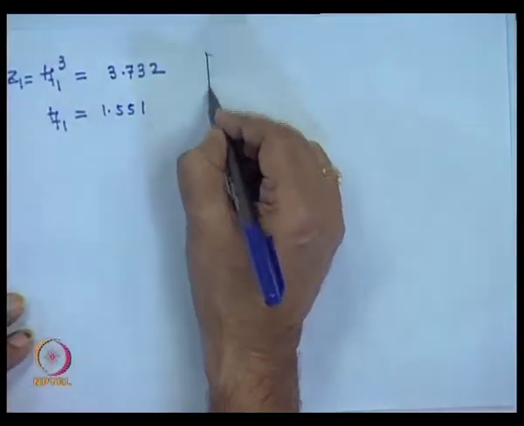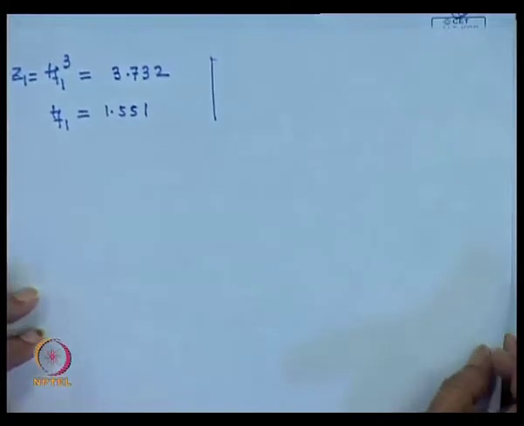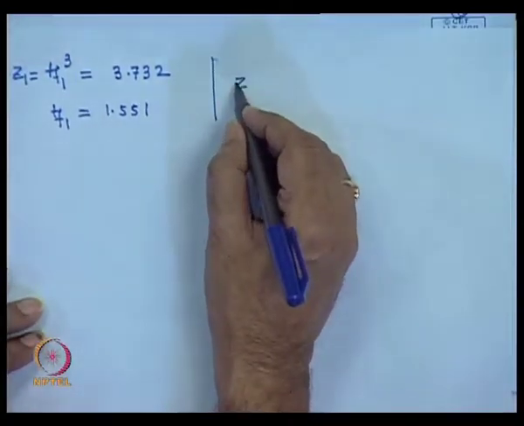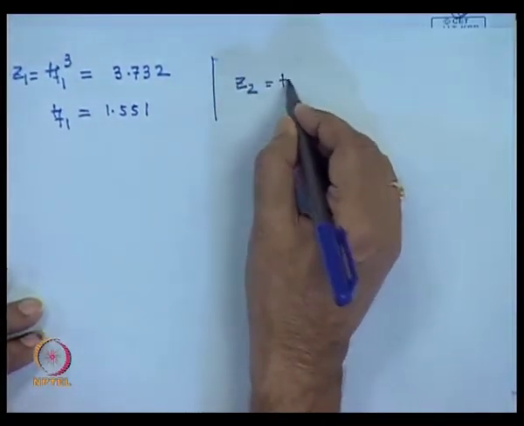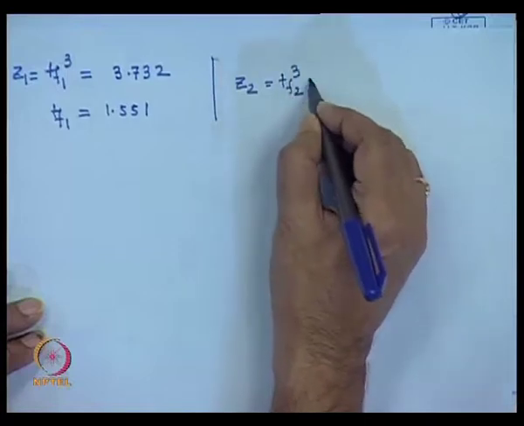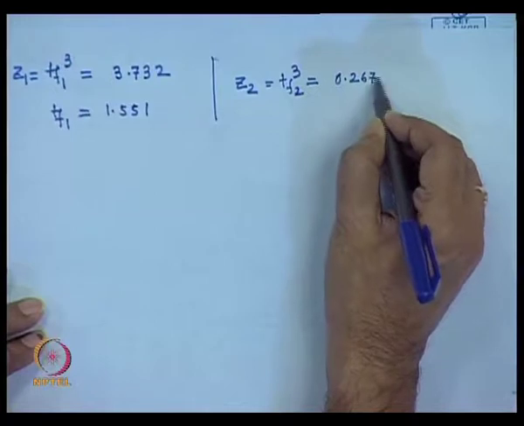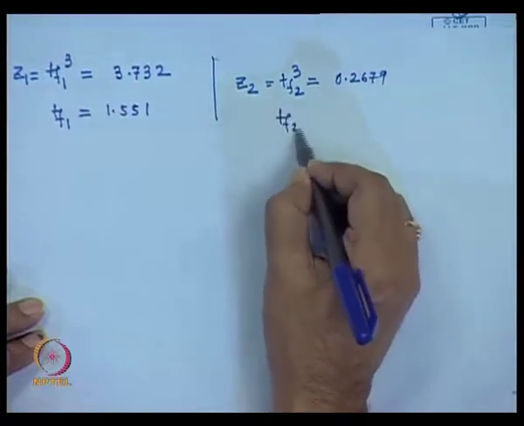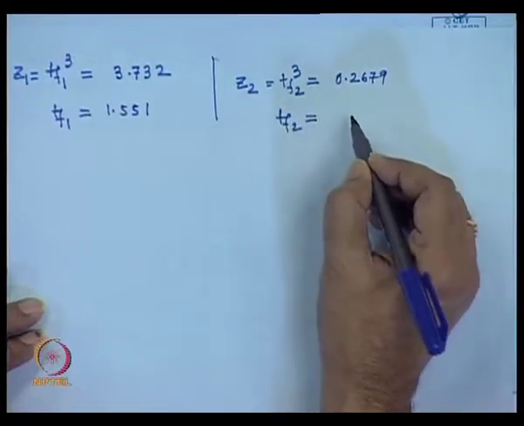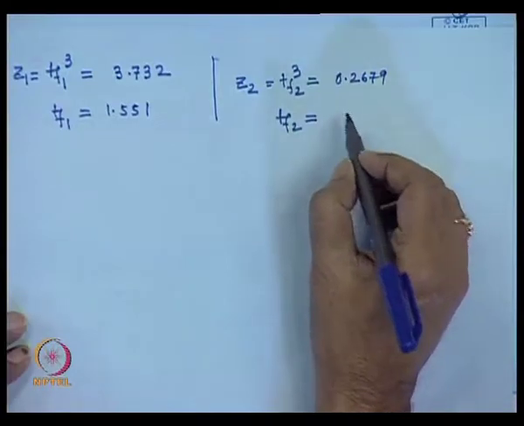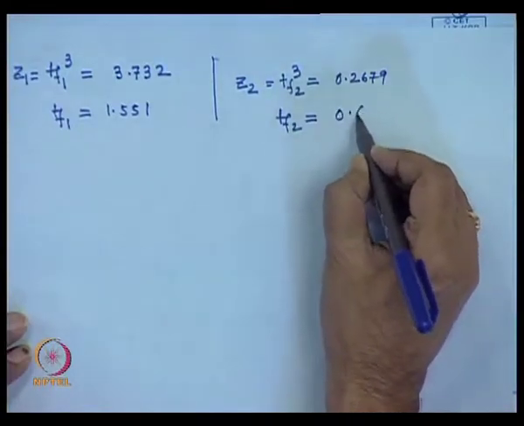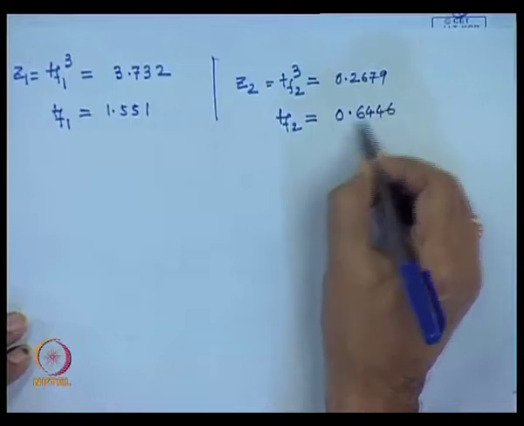And for the other case, Z 2 is equal to T f 2 cube, which is equal to 0.2679, so T f 2 value is 0.6446.